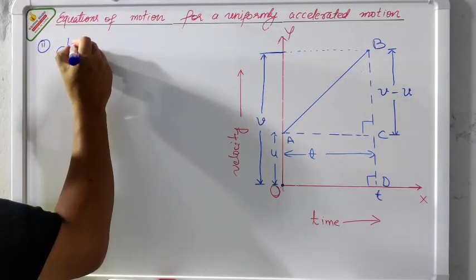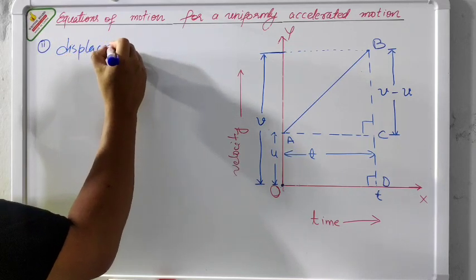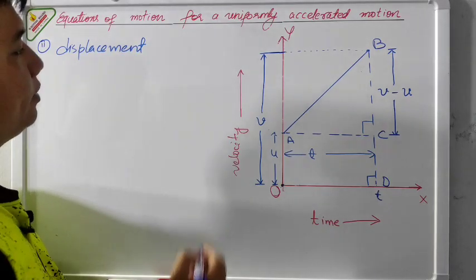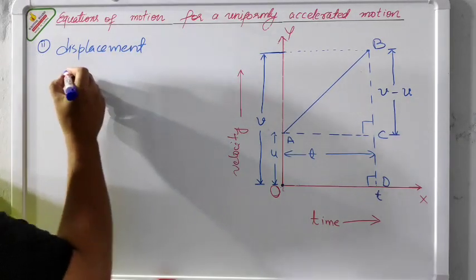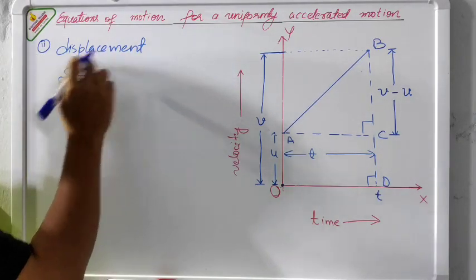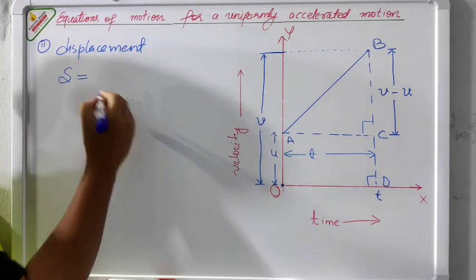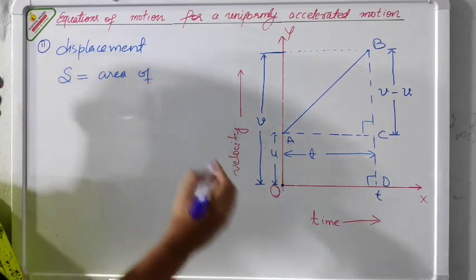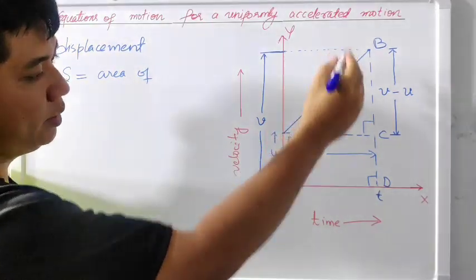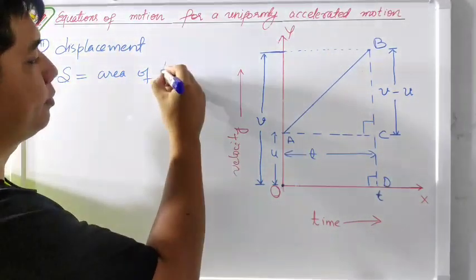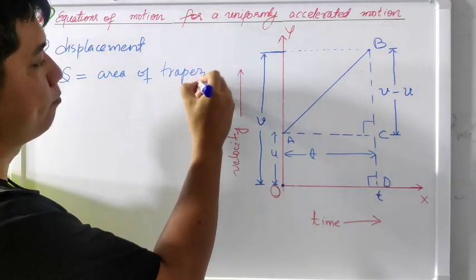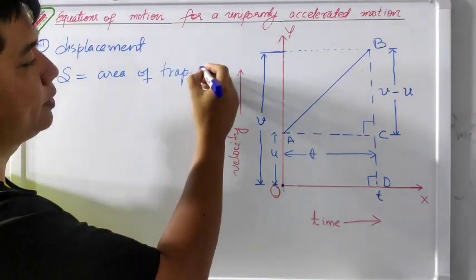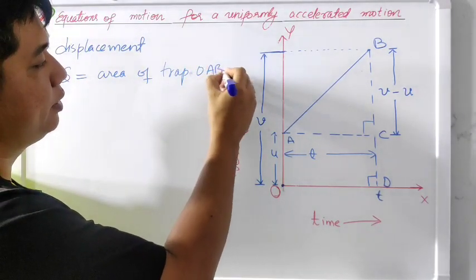So, displacement s equals the area of trapezium OABD.